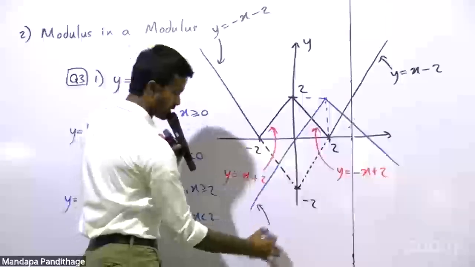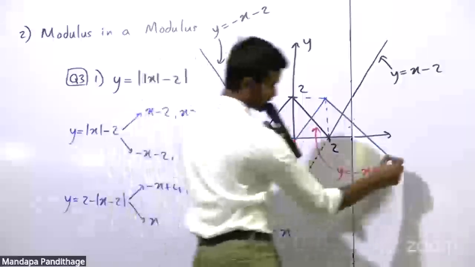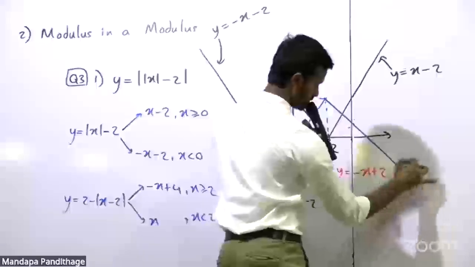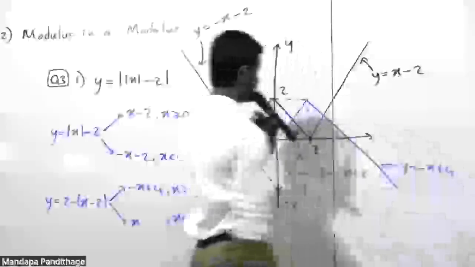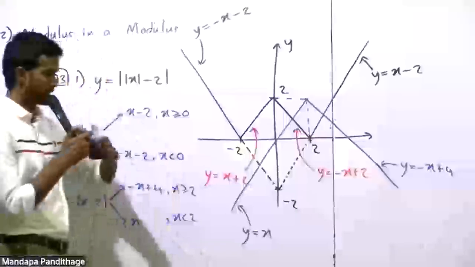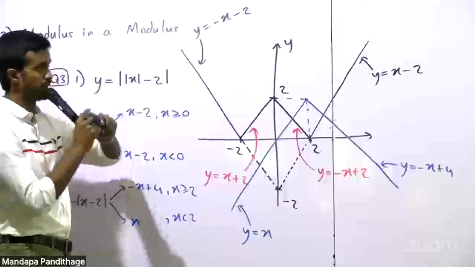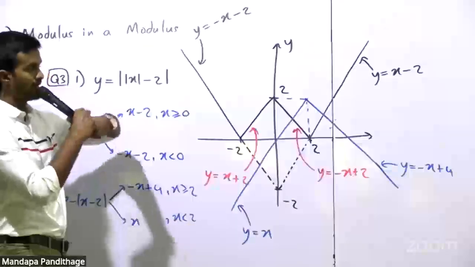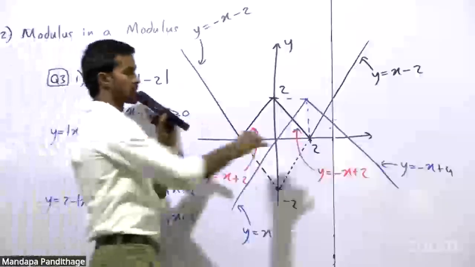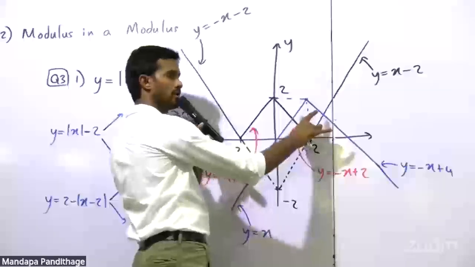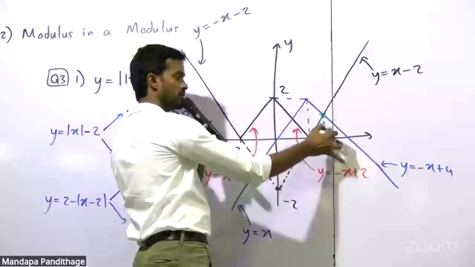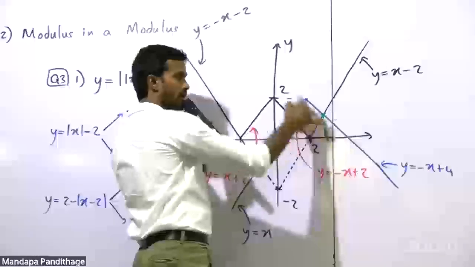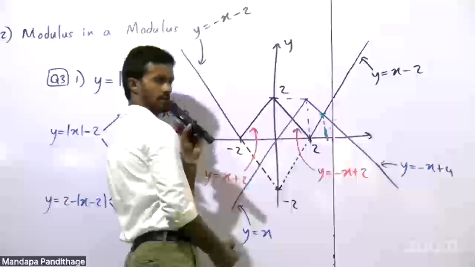So this is the graph of y equals x, and this is the graph of y equals minus x plus 4. And find the intersection point. That's why knowing the equation of each straight line segment is important, because to get the point of intersection, you clearly should know which straight lines have intersected.